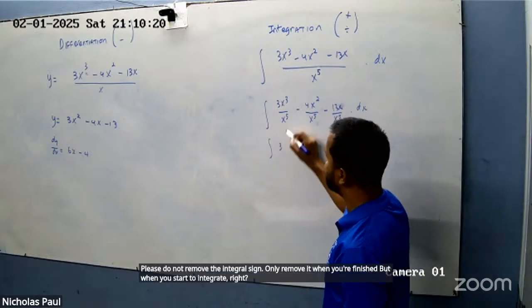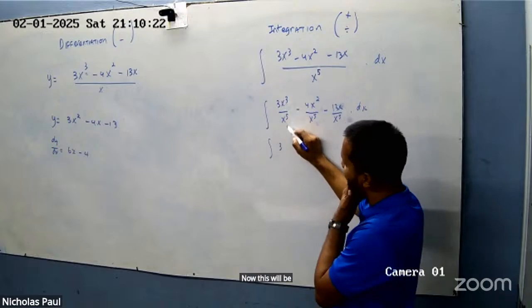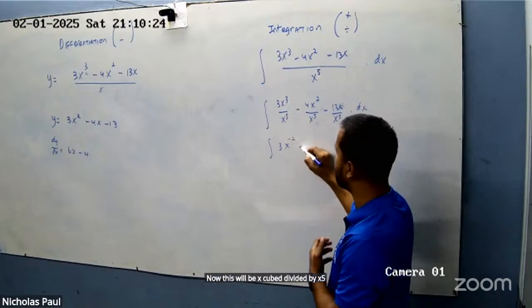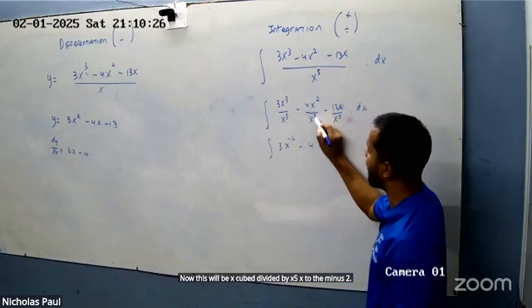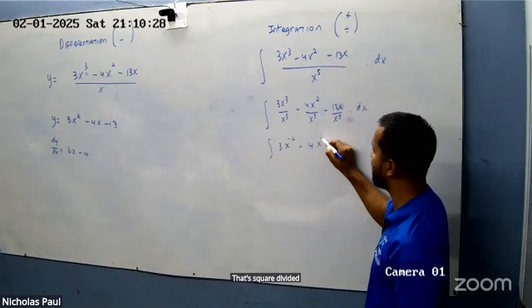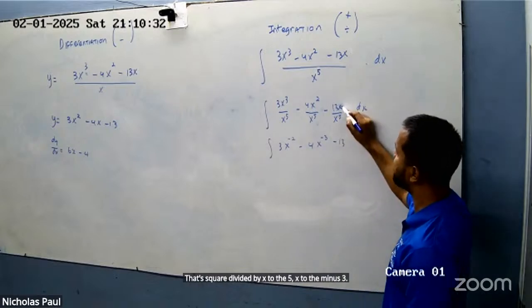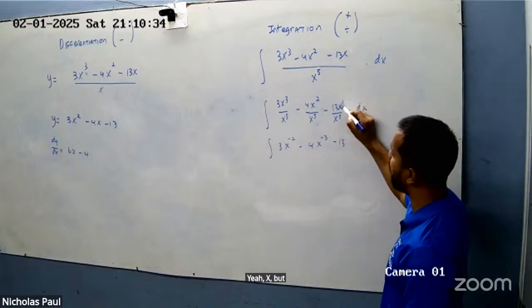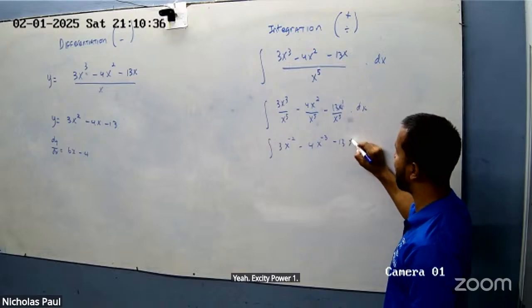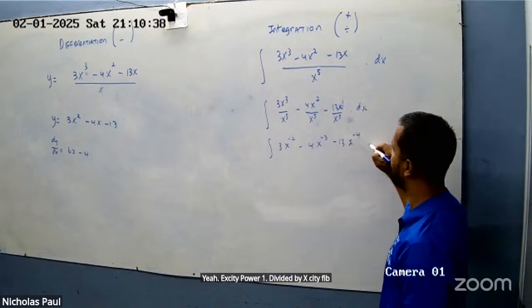Now, this will be x cubed divided by x to the 5, x to the minus 2, x squared divided by x to the 5, x to the minus 3. Here, x to the power 1 divided by x to the 5 is x to the minus 4.